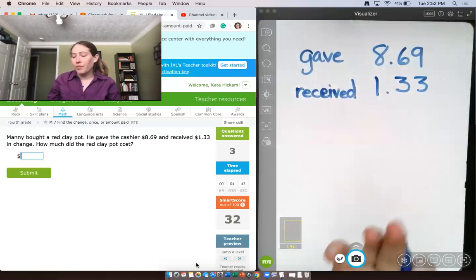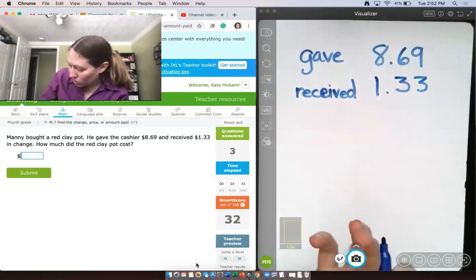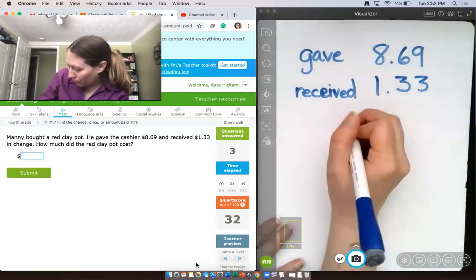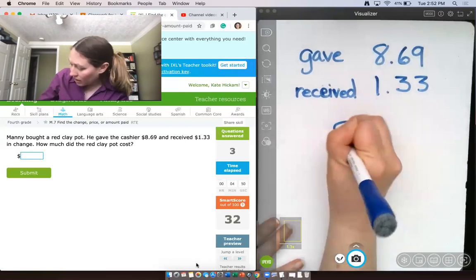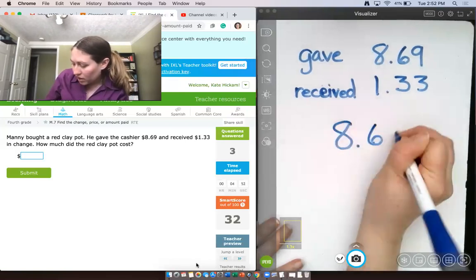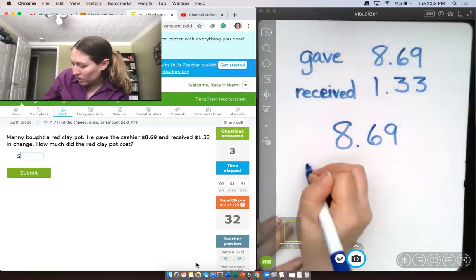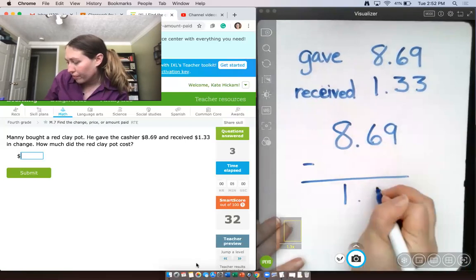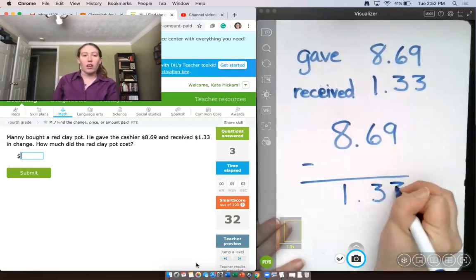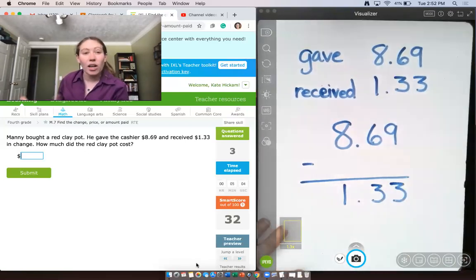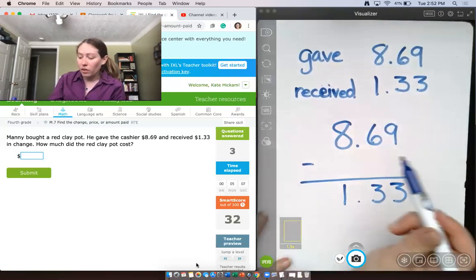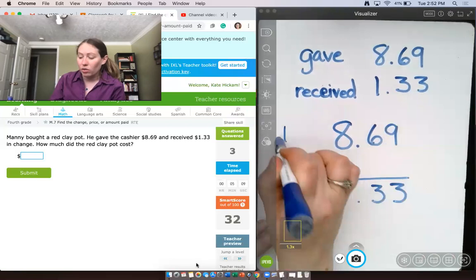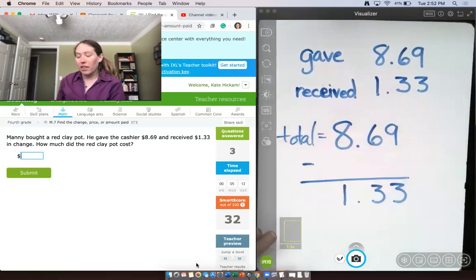So basically, he gave them this much, which is normally the number we put on top. And then we take away the amount that it costs, and we are left with the change. And that helps us know, because this is the total. We know that we already have the total. Now, you might think, well, we got to add, but this is the total.